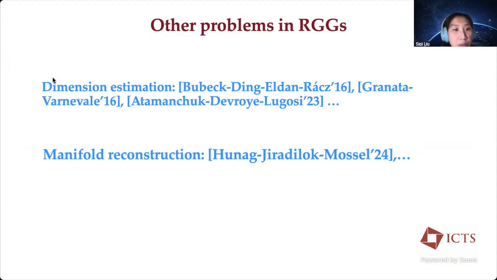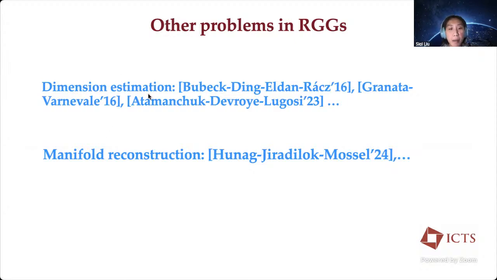One of the examples is dimension estimation. In dimension estimation, you just get a graph, which is actually a random geometric graph coming from a unit sphere, but you're not told the dimension of the sphere. The question is, can you correctly estimate it with high probability? That's the dimension estimation question.